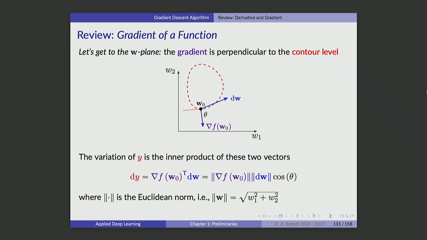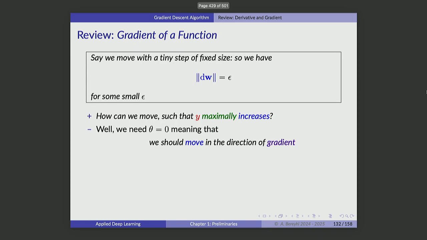The only thing that could change the value of the increase is the angle between my direction and the direction of the gradient. What should I put this angle to be to increase maximally? 0, right? If the angle is 0, then that inner product is going to be the largest value ever.